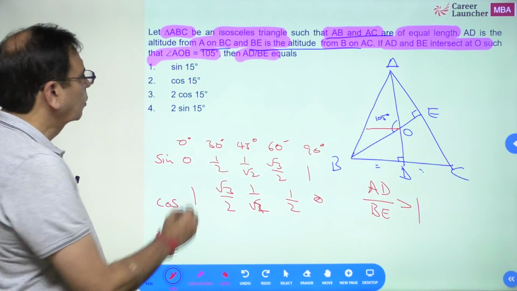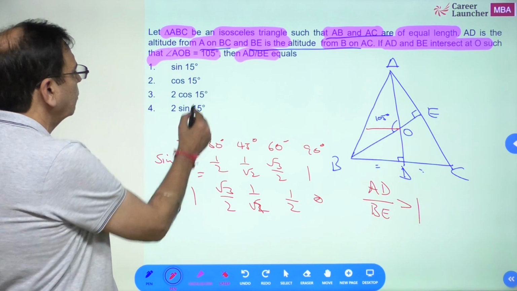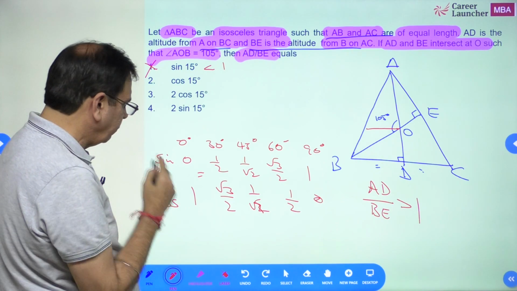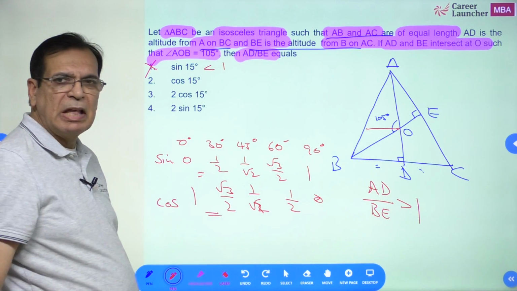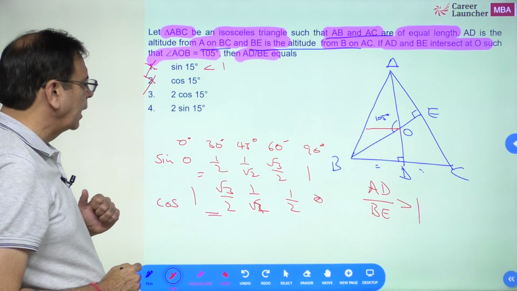Now look at it: my answer has to be greater than 1. What is sine 15? Sine 15 will be less than 1, wrong choice. Cos 15 will be less than 1. Wrong choice.